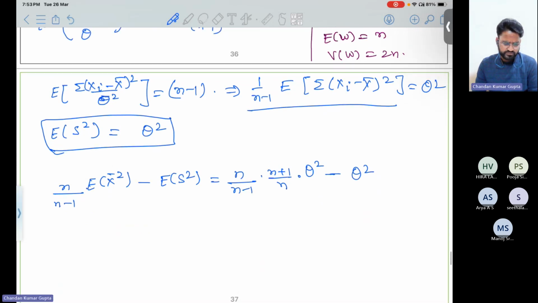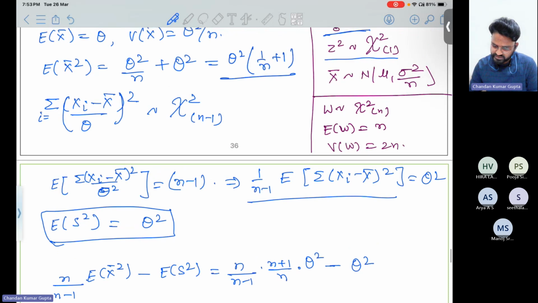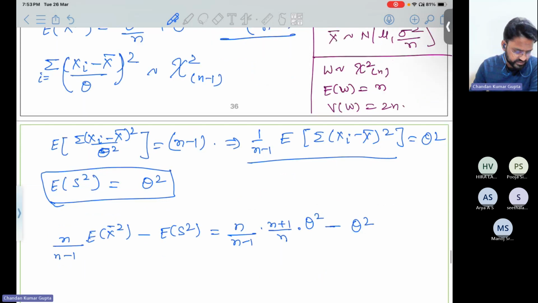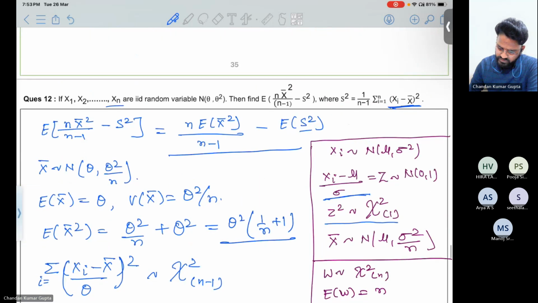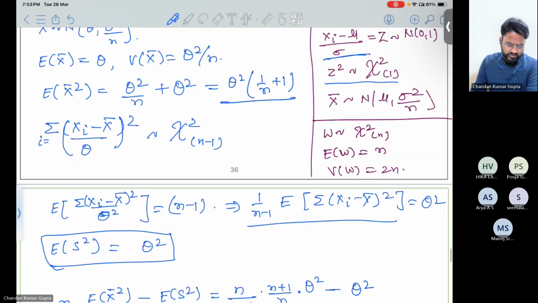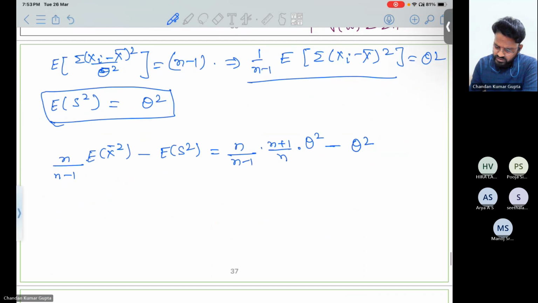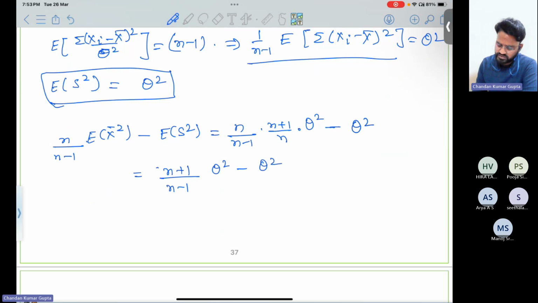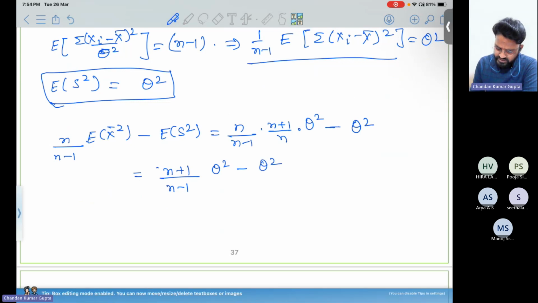I think I have missed something here because my answer is not matching. Wait, let me check. We need to find this quantity. This can be written as this. So this quantity is correct. I think n should be cancelled out and our answer will be n plus 1 upon n minus 1 theta square minus theta square.